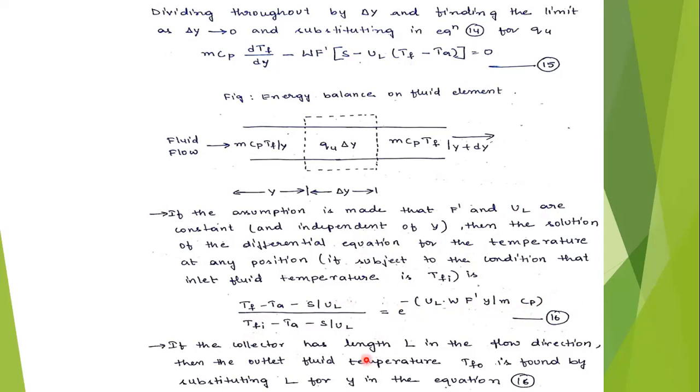If the collector has length L in the flow direction, then the outlet fluid temperature Tf naught is found by substituting Y equal to L in the 16th equation.